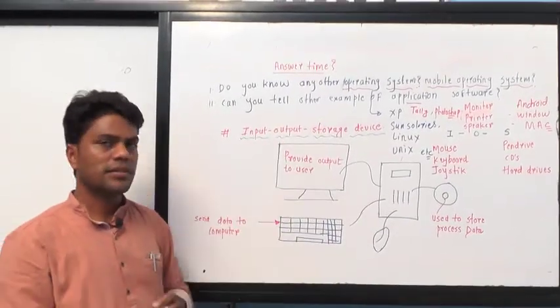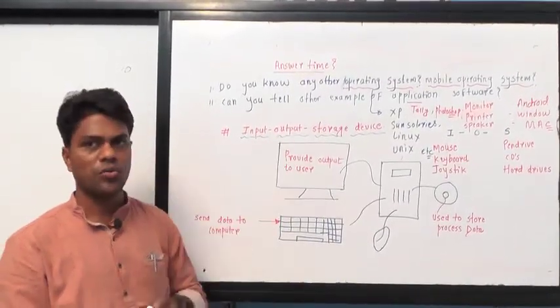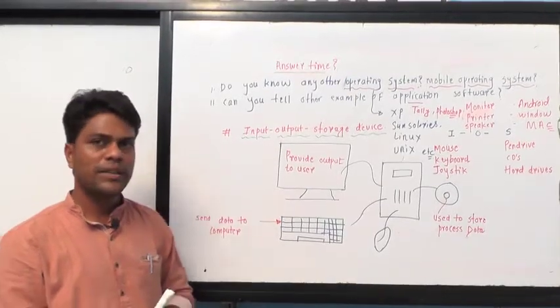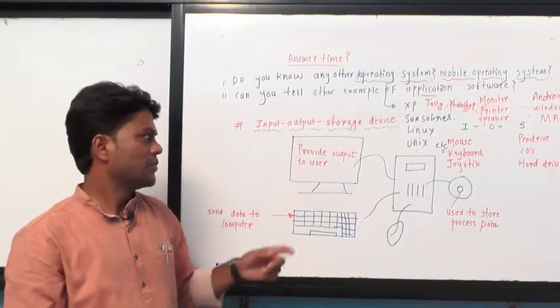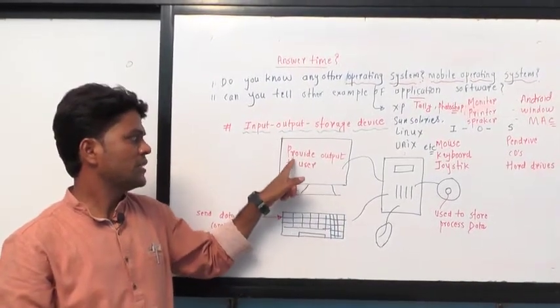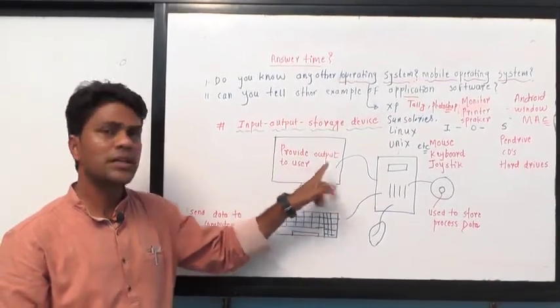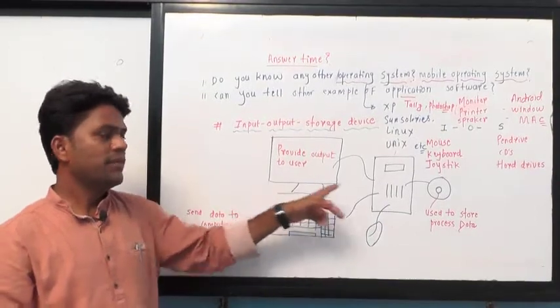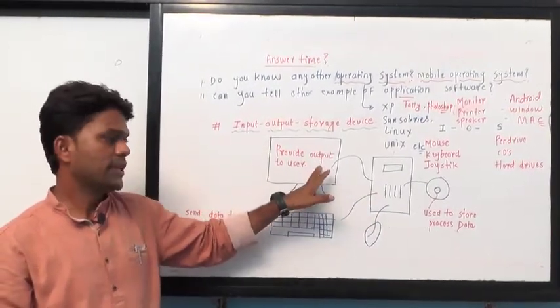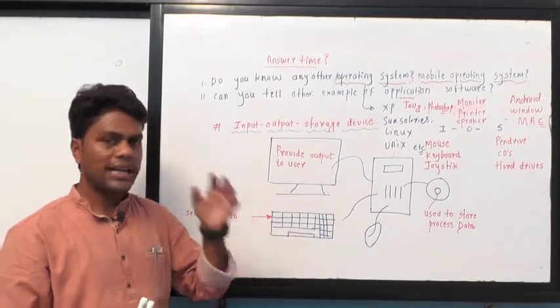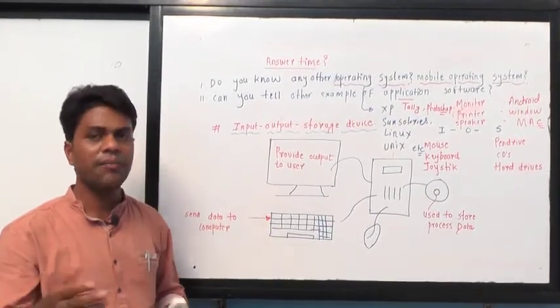Now next, what are output devices? Output devices are the devices through which we get the output. They are used to provide the output to the user. Like when we get some output, we can see it on the monitor. Another example is the printer.